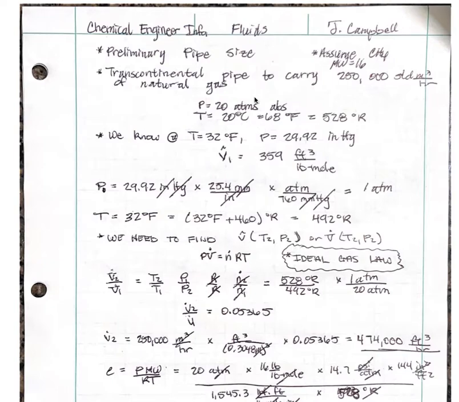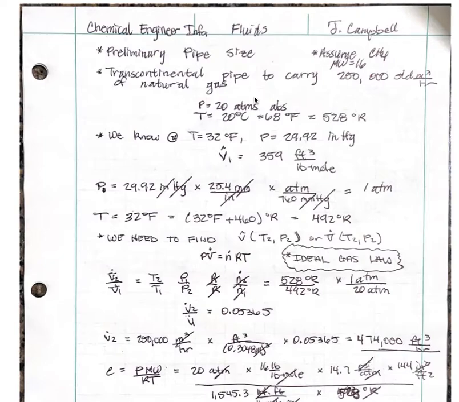All right. So first off, we know standard conditions are basically 1 atm and 25 degrees Celsius. In English units, it's 32 degrees Fahrenheit and 29.92 inches of mercury. But what's 29.92 inches of mercury?